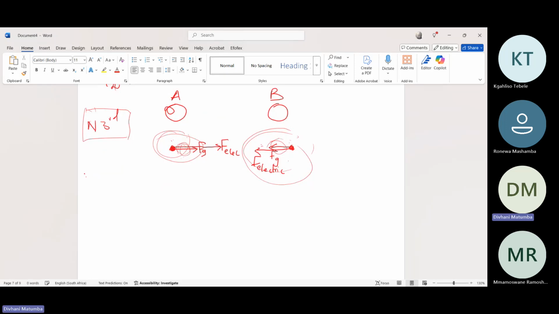Let's resolve our forces in the x direction. So what is it that I'm going to have? If I'm using this one, you're going to have, well, depending on your direction. You need to have your direction first.